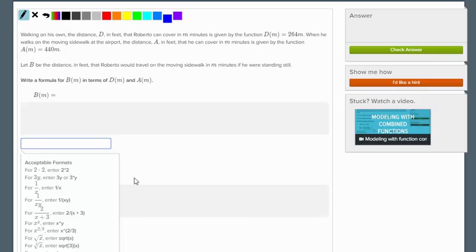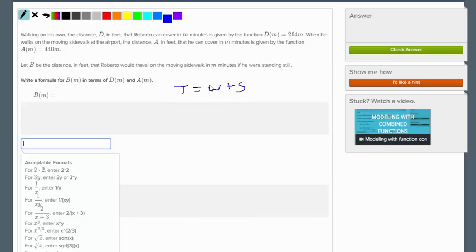So let's think about this. The total that he walks would equal how much he walks normal plus the sidewalk. I just did this because I want to use letters that match up for a second.